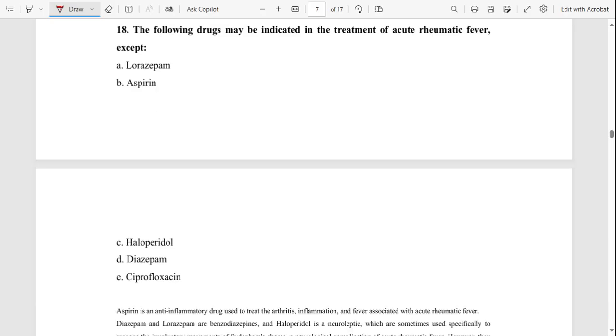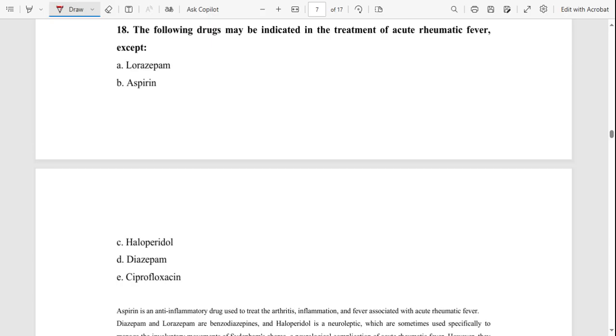Number 18 is saying: the following drugs may be indicated in the management of acute rheumatic fever except: lorazepam, aspirin, haloperidol, diazepam, ciprofloxacin. Anyone who can help us with this one?